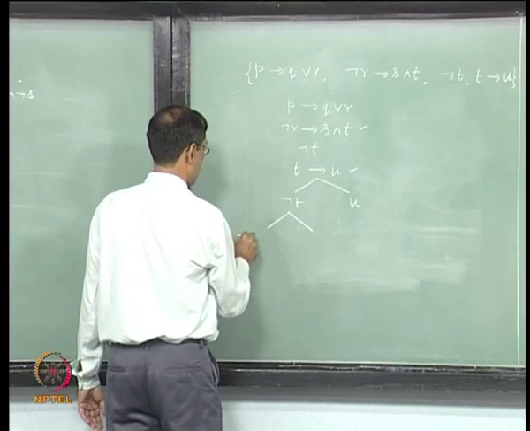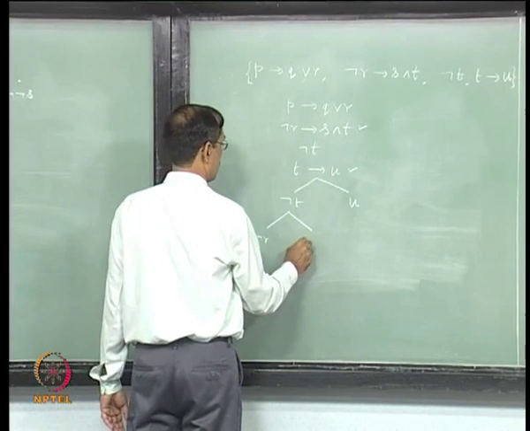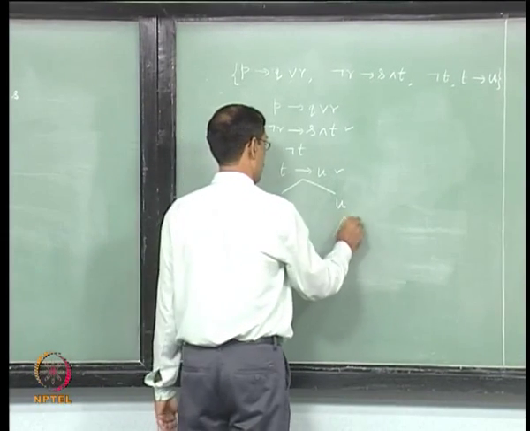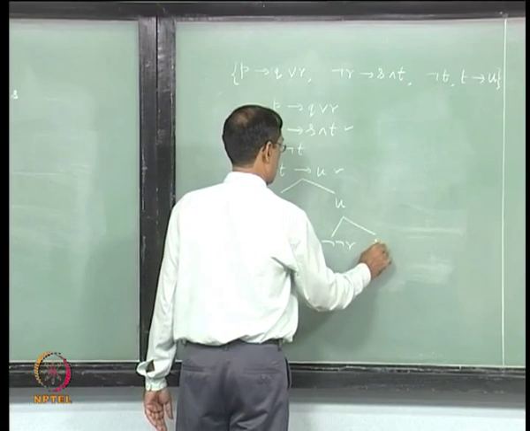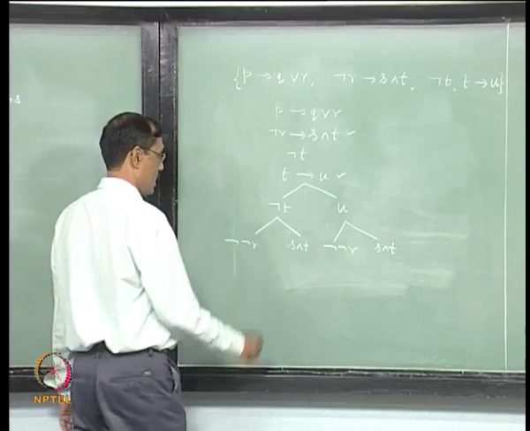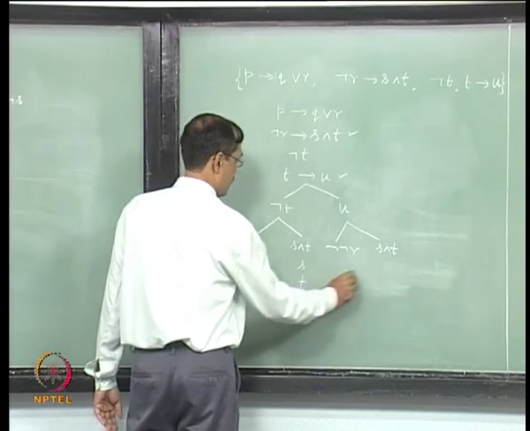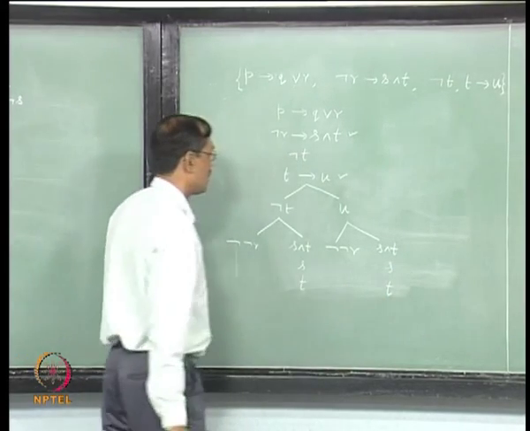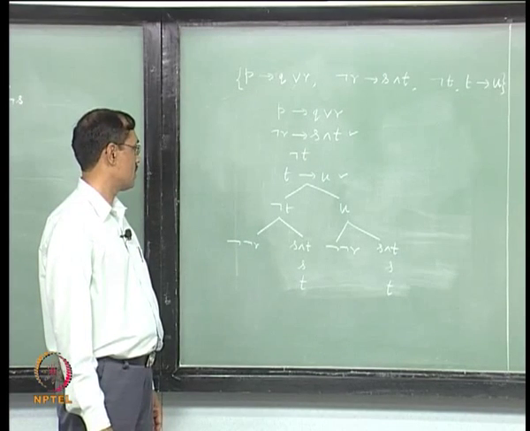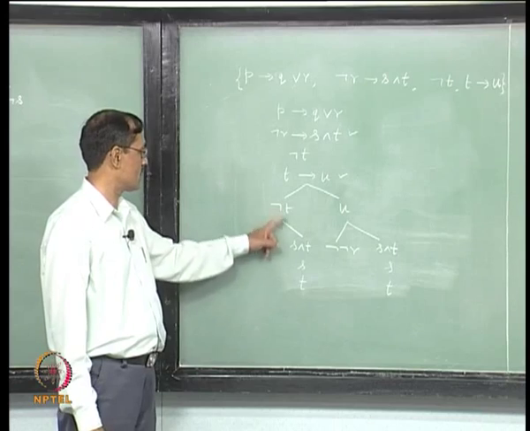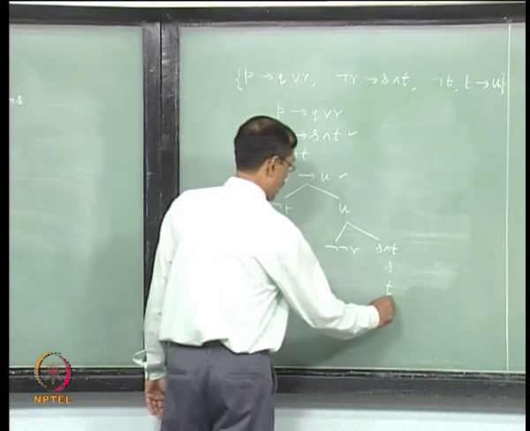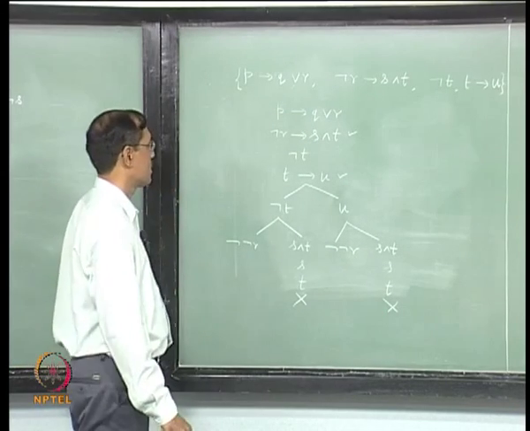So, that gives me not R and S and T here also, fine. Then I can proceed, say S and T, I will break down. I have not yet checked whether it is closing or not, is it closing? Yes, not T, with T it is closing. So, I do not have to expand this further, this also I do not have to expand, okay.